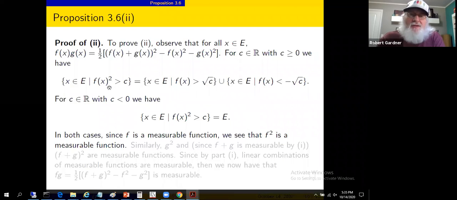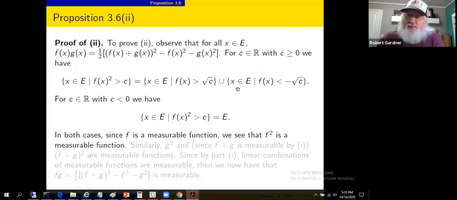Solving this inequality the usual algebra way will produce these 2 inequalities. So x values that satisfy this condition satisfy either this condition or that condition. By the way, we've assumed that f was measurable in this, so this is a measurable set.